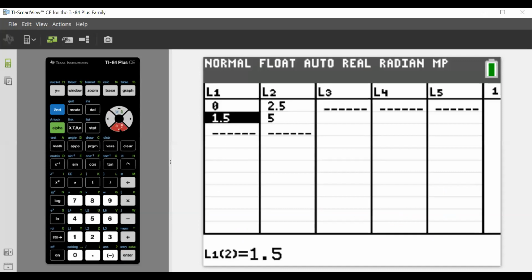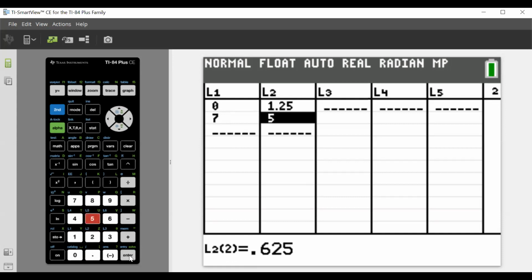So for the x values, 0 hours and 7 hours. Now I forgot what we had, so let me look at the problem again: 1.25 milligrams for 0 hours, and here we had 0.625 milligrams.